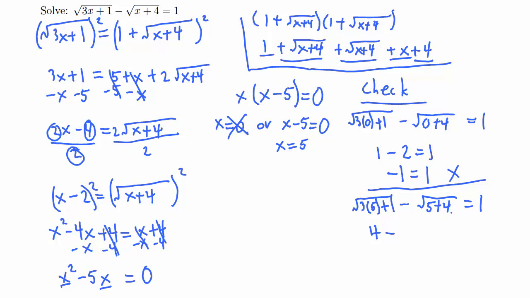Minus 5 plus 4, which is 9, and the square root of 9 is 3. So 4 minus 3 gives you 1, and ask yourself, does 1 equal 1? The answer is, of course, or at least I hope so, yes. Therefore, we do have a solution here, and that's the number 5.